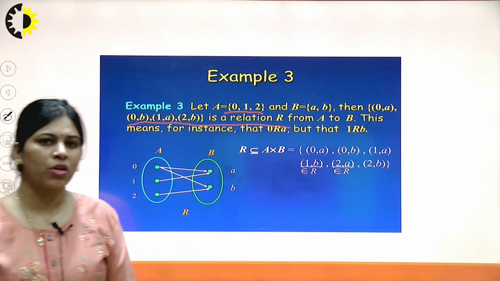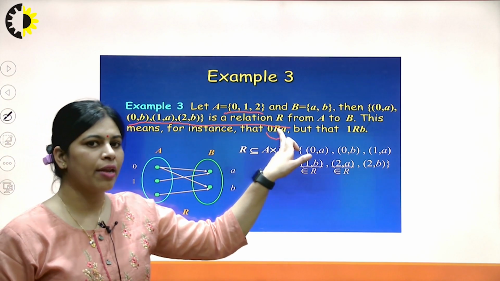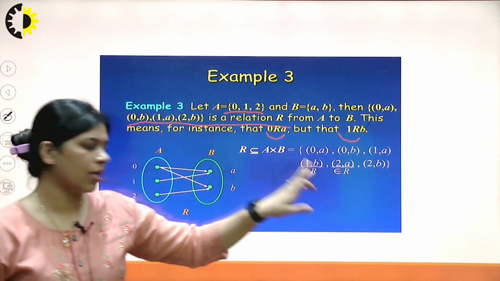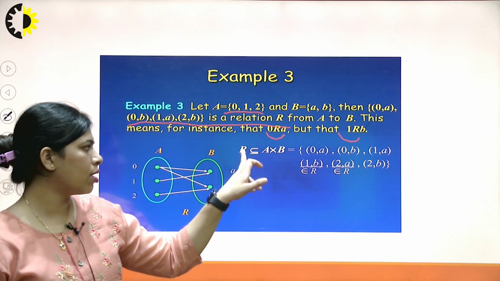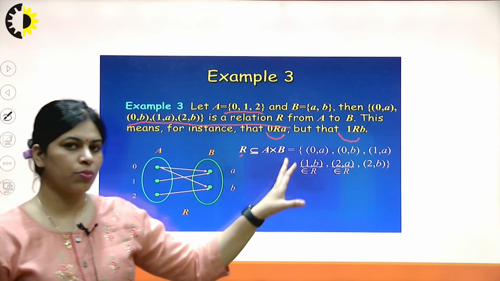So this means, for instance, 0 is relatable to the element a, but 1 is relatable to the element b. R is a subset of A cross B, so we consider the Cartesian product.